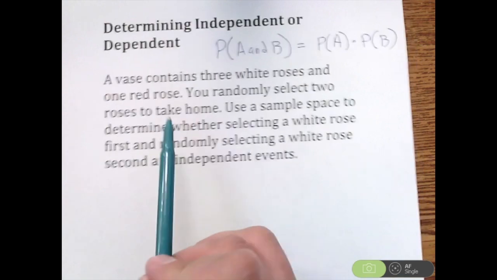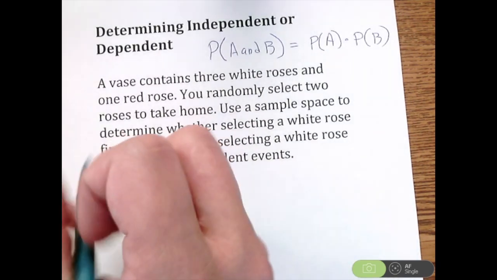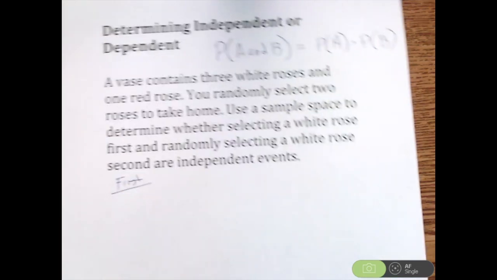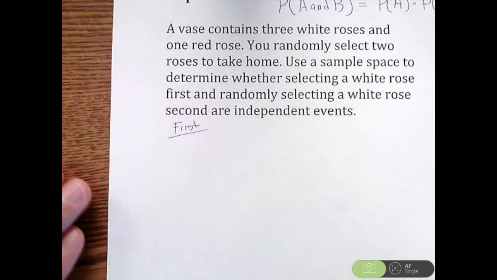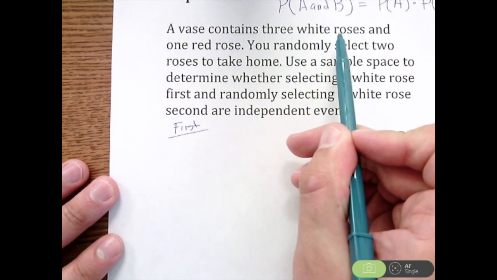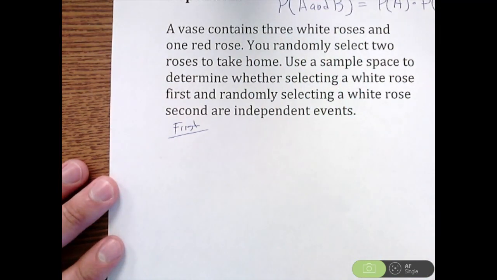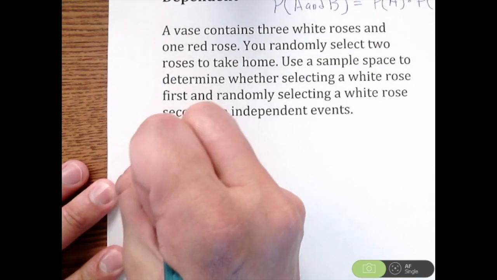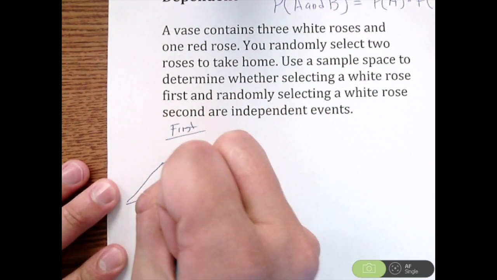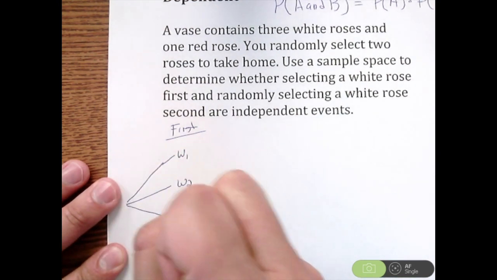So we're selecting 2 roses to take home. Let's first look at that first rose. When I select that first rose, I have to choose from 3 whites and 1 red. So I could have W1, W2, W3.